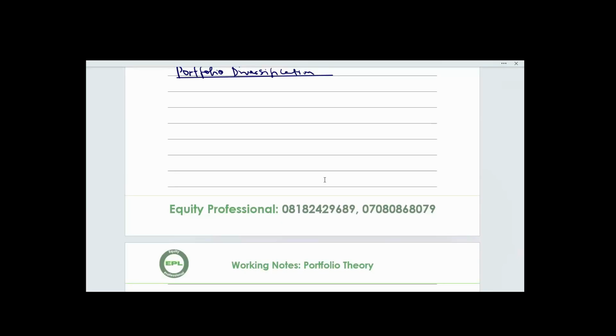For example, in a basket of investments, you can have bonds, real estate, shares, exchange traded funds, and mutual funds.